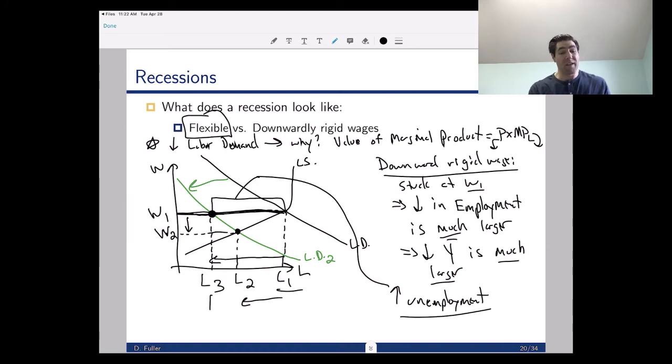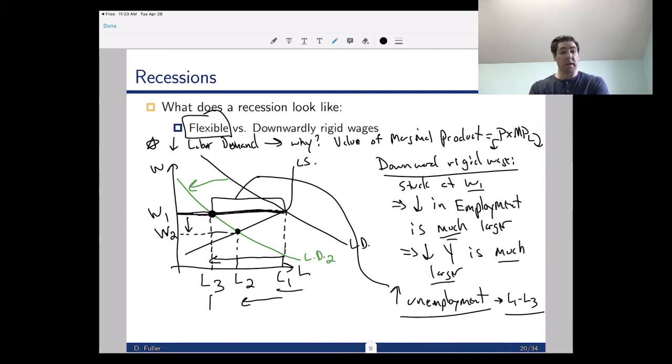So the difference, L1 minus L3, is an increase in unemployment. Those are people that are involuntarily unemployed: I want to work at this wage, but I'm unable to because there isn't sufficient labor demand. And so the downward rigid wage also allows us to explain the big increases in unemployment that we see in recessions. It's an interesting question to think about why the wage would be downwardly rigid.